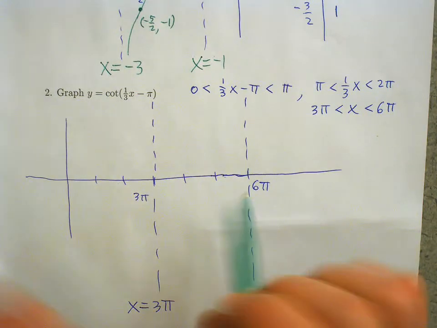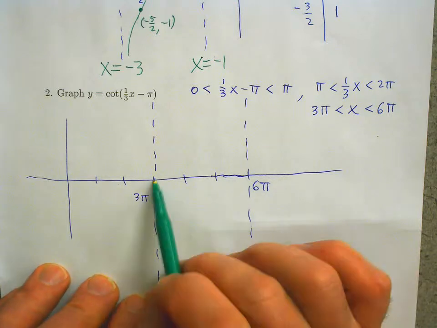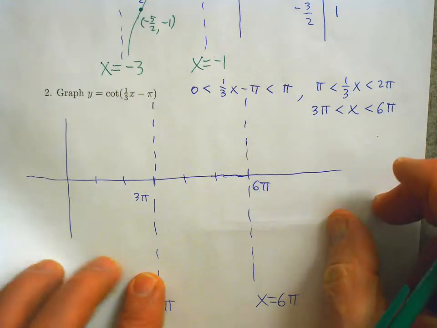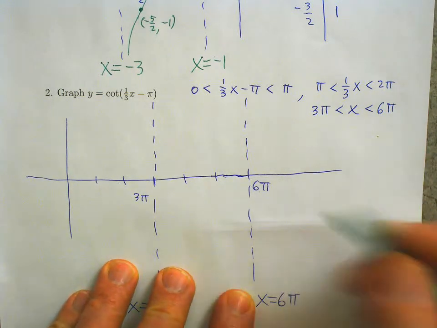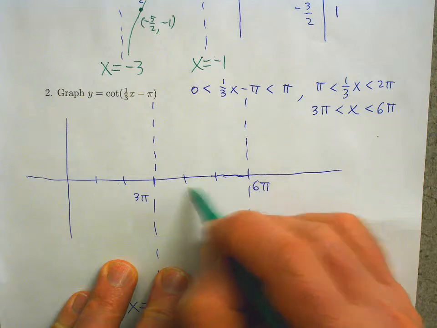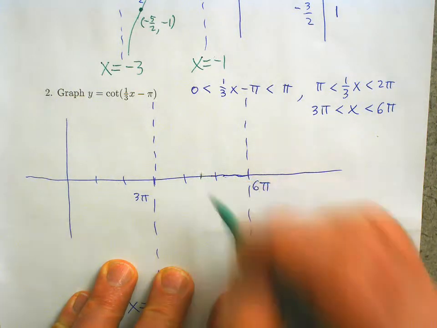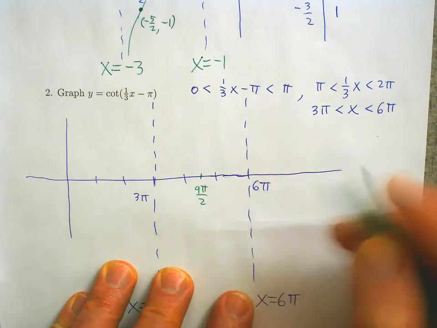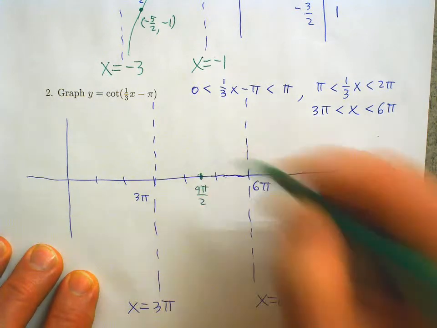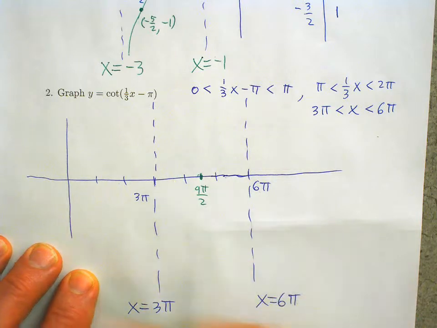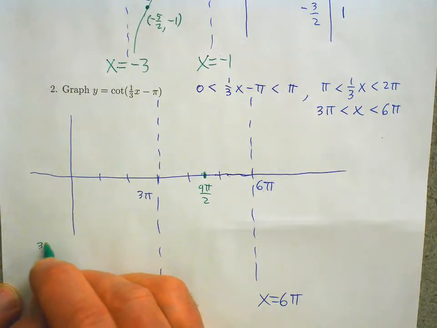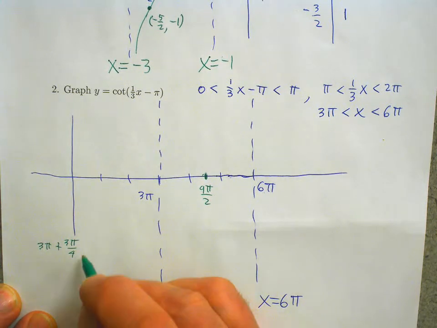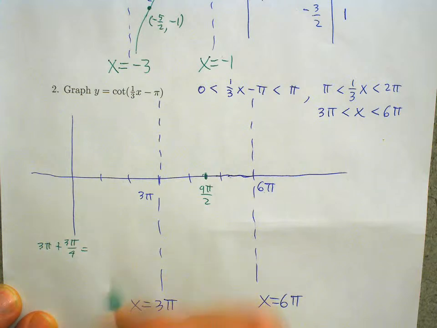Okay, well, we want to divide the interval from 3 pi to 6 pi into 4 parts. So the middle one is 9 pi over 2, 4.5 pi. And this one on the left, that's going to be 3 pi plus 3 pi over 4, which is 15 pi over 4.